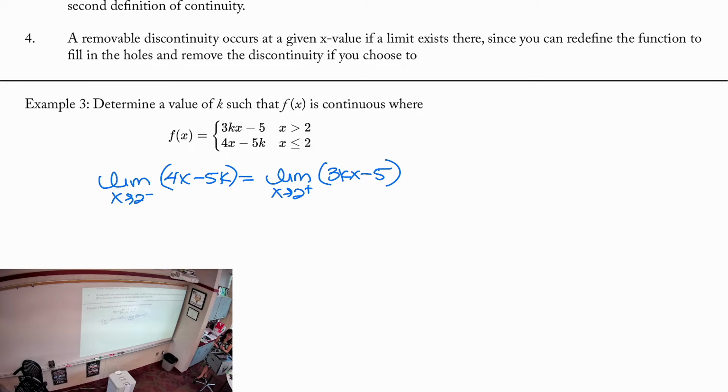Because there's no 0 in the denominator, I can plug in 2 for all of my x's. So I get 4 times 2 minus 5k is equal to 3k times 2 minus 5. So 8 minus 5k is equal to 6k minus 5.